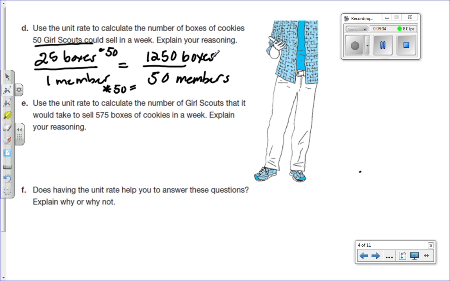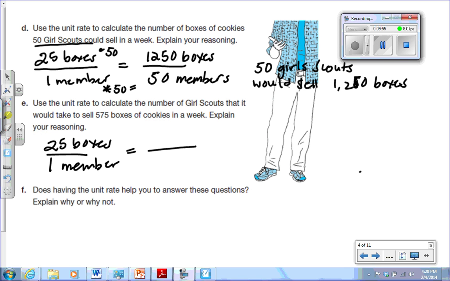So I would simply write out 50 Girl Scouts would sell 1,250 boxes.